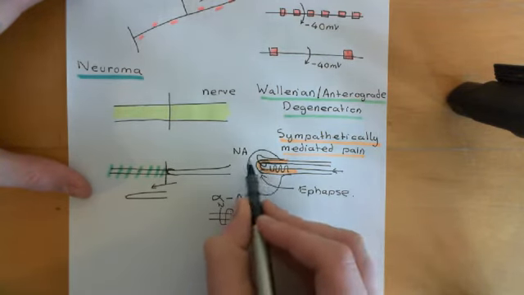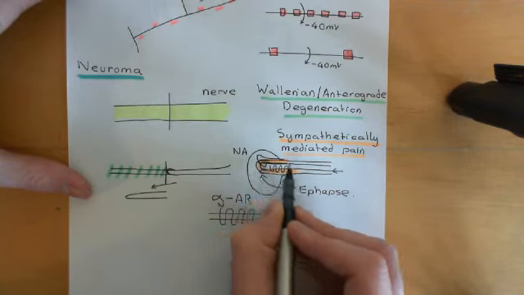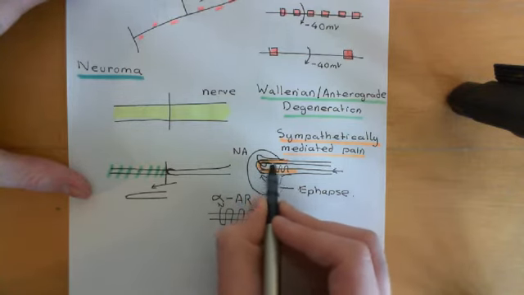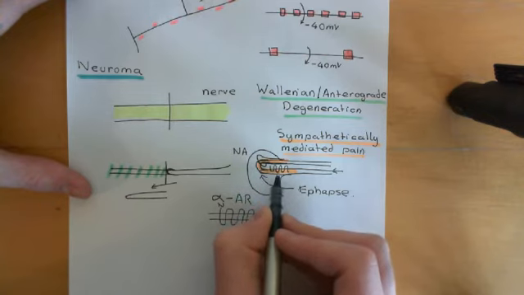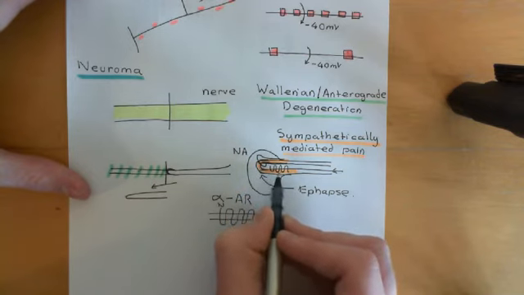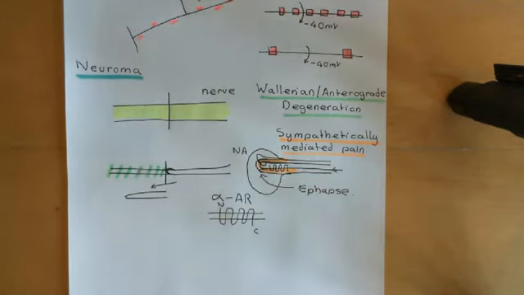The idea then is that you can form synapses between the stump of the sympathetic neuron and the stump of the primary nociceptive afferent. So you'd be releasing noradrenaline onto the alpha adrenoreceptors of the primary nociceptive afferent, and that's what would be activating the primary nociceptive afferent.